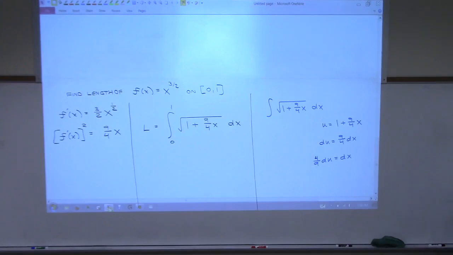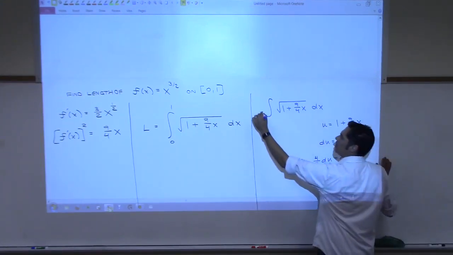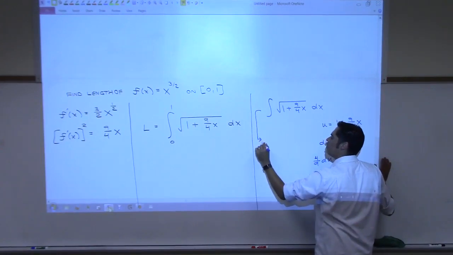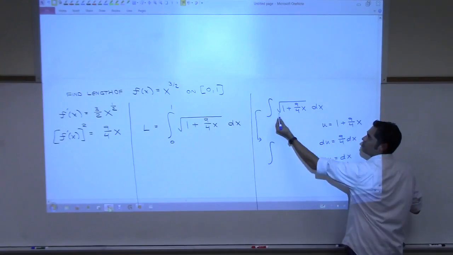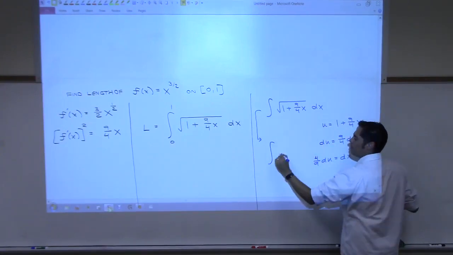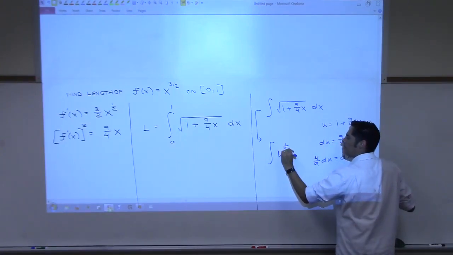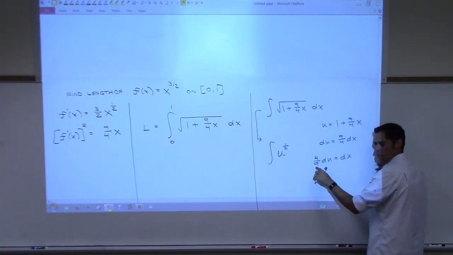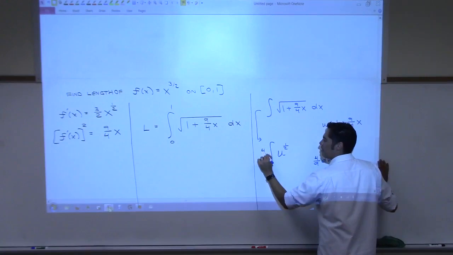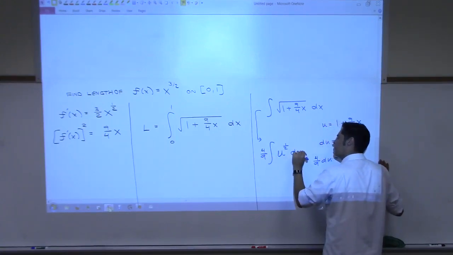And now rewrite the integral in terms of u. This is square root of u, which I'll write as u to the half. And then what's dx? 4/9 du. So how about 4/9 out here? du.